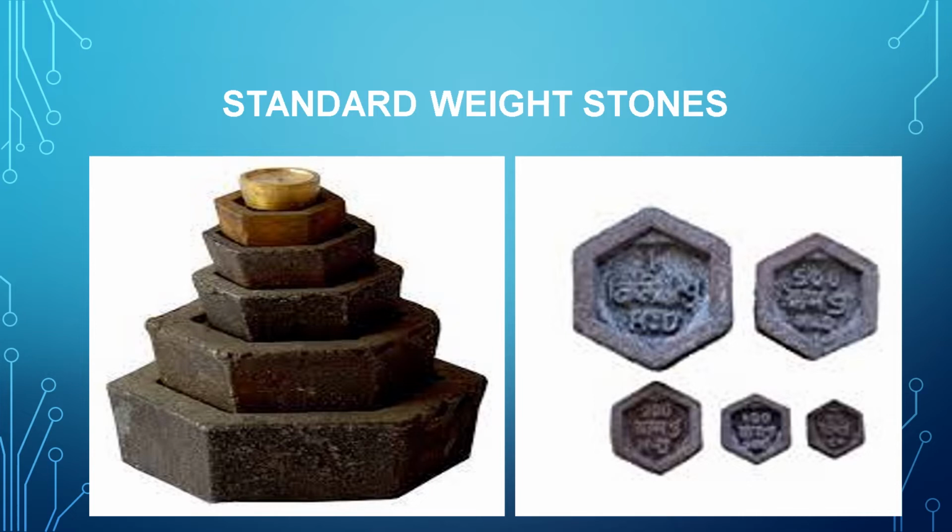According to whatever they want to measure, these standard weights are used. Sometimes you might have observed that for 250 gram, the vendor will choose a 200 gram stone and a 50 gram stone, two stones. So the mass of the vegetable or fruit we are getting is the total sum of these stones used together.